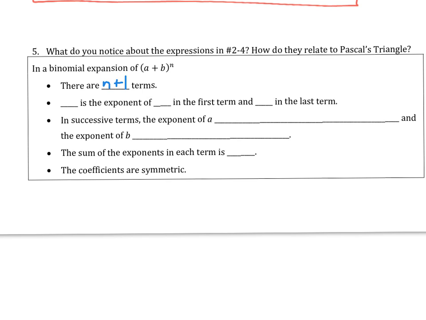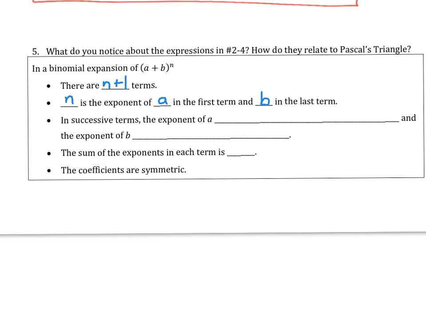Okay. How did we get the exponent for a? The exponent for a was always the exponent in the problem. So n is the exponent of a in the first term, and it's the exponent for b in the last term.